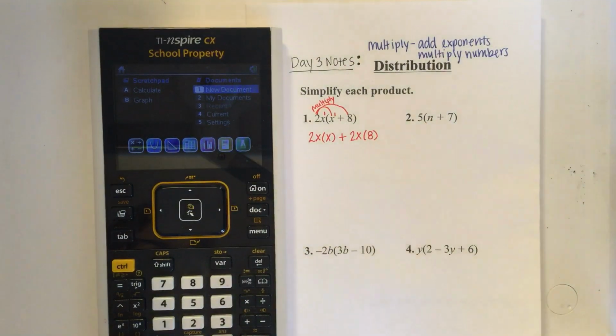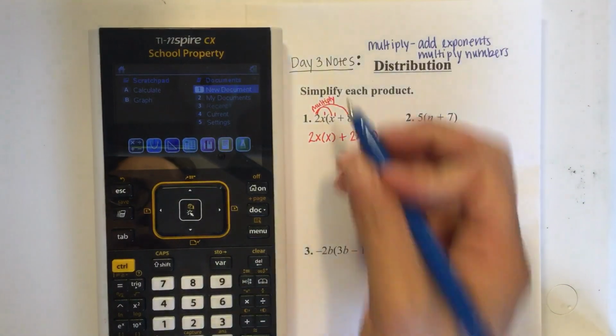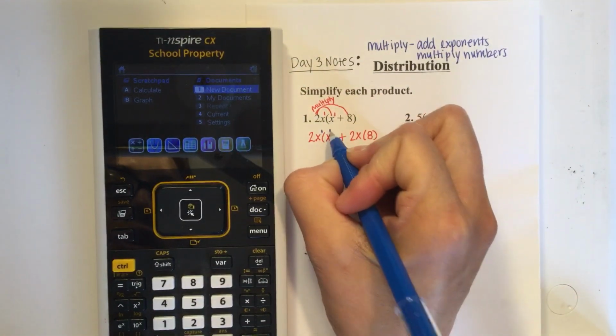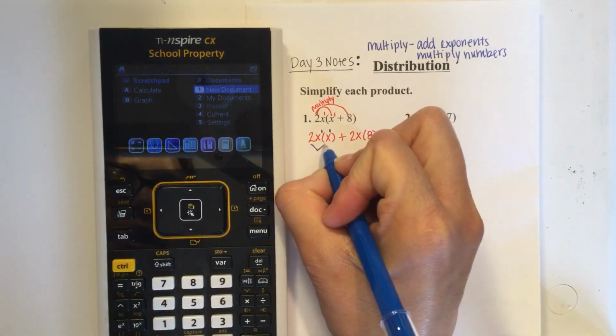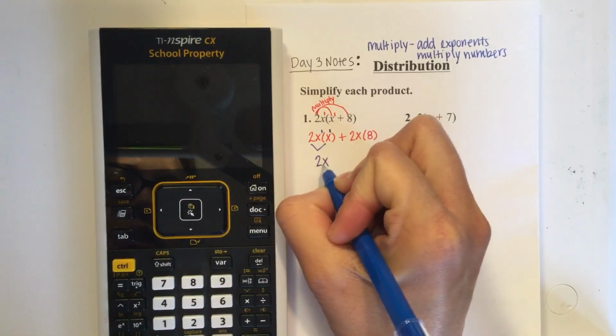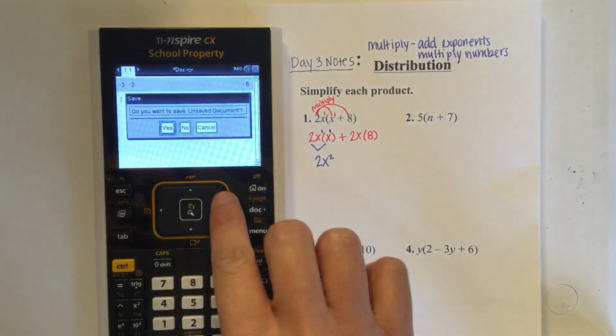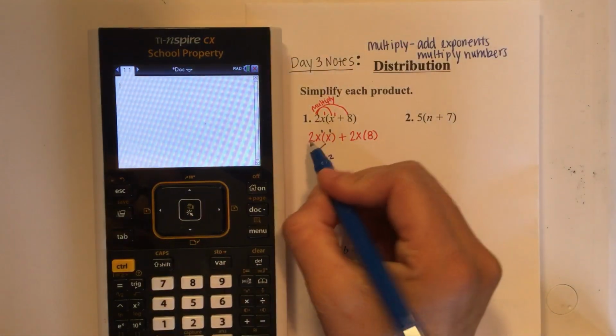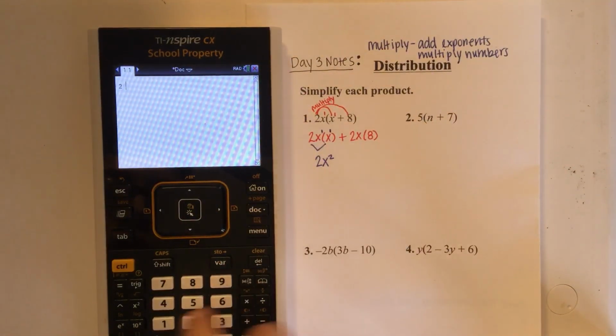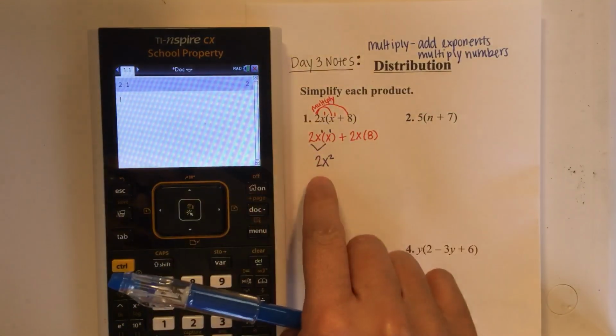So when you multiply, you add your exponent, so 2x times x is going to be 2x squared, because here you have a coefficient of 1, and 2 times 1 is still 2.